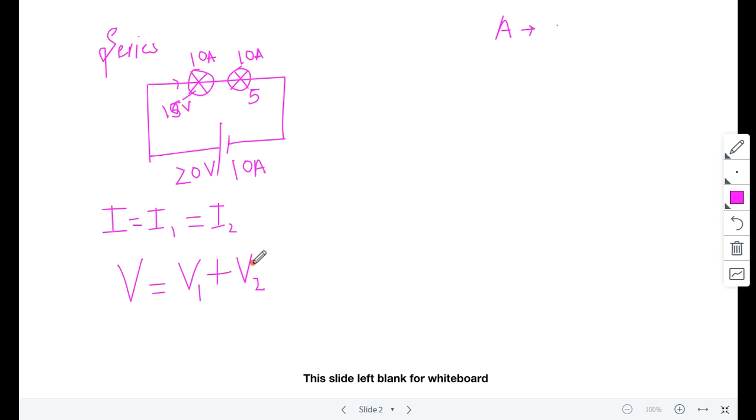Yes, you can say the sum of the potential drop across every component is equal to the total potential drop.